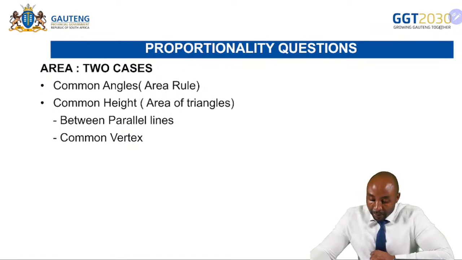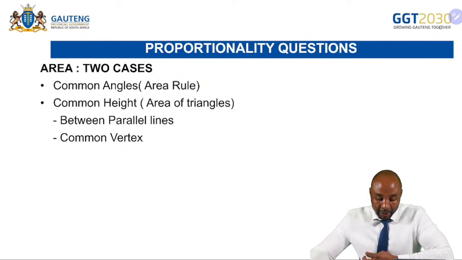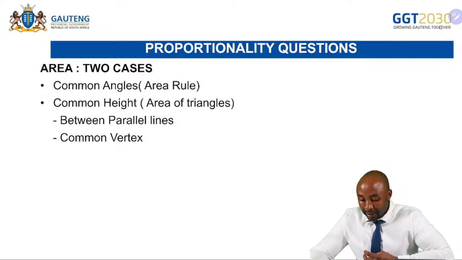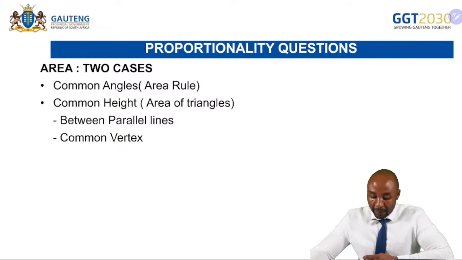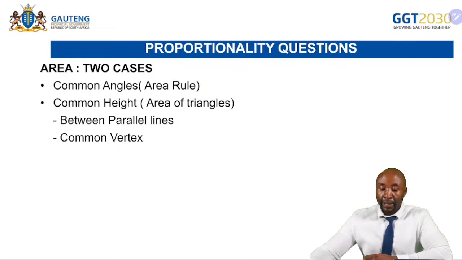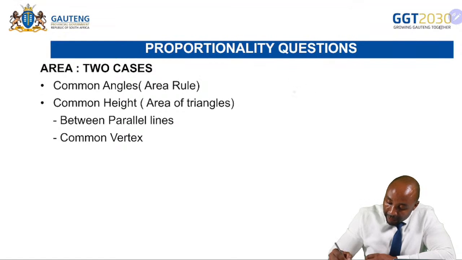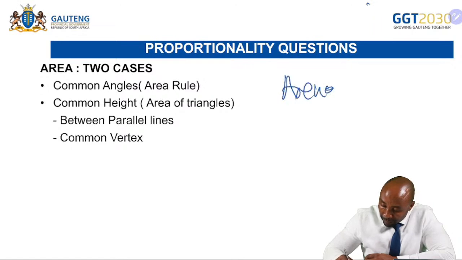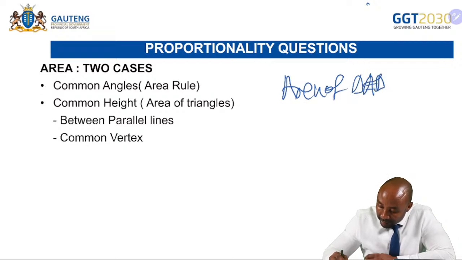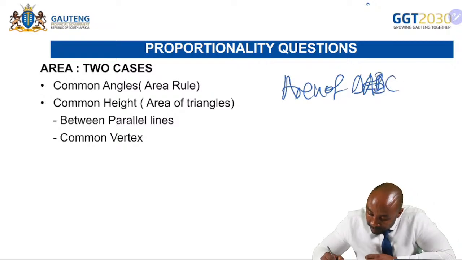Whenever we are using proportionality questions, we have areas where we are supposed to find the ratio of areas or find the area of triangles. I've explained the common angles where we use the area rule. We know the area rule, that the area of a triangle, for example triangle ABC, will be given by half.